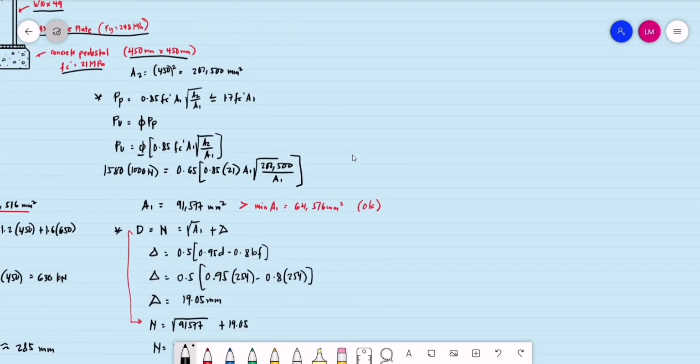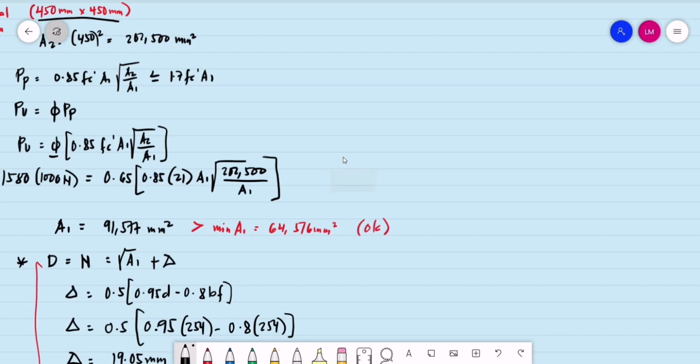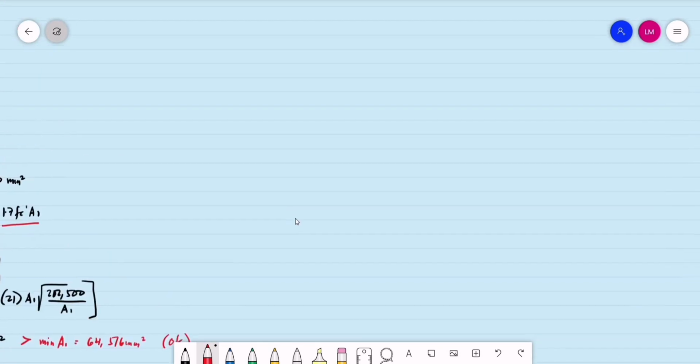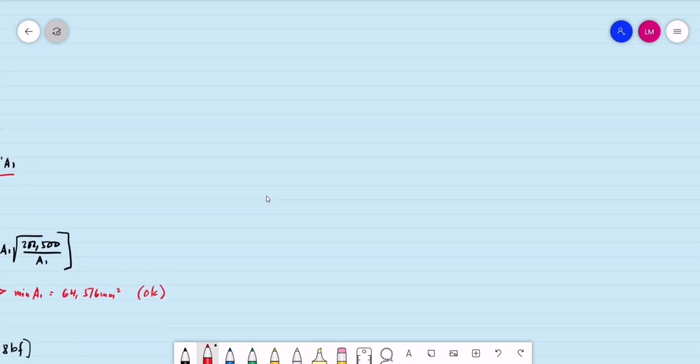factored load. By the way, we need to check if it is also less than or equal to 1.7 of f'c times area 1. So let us do our checking based on its area. Again, our area 1 is now equal to 92,625 square millimeters.